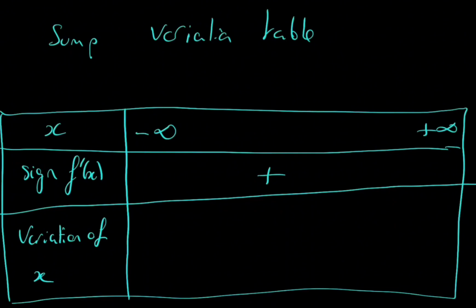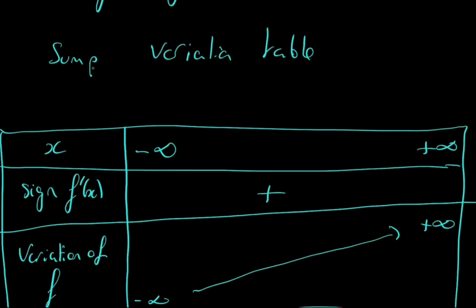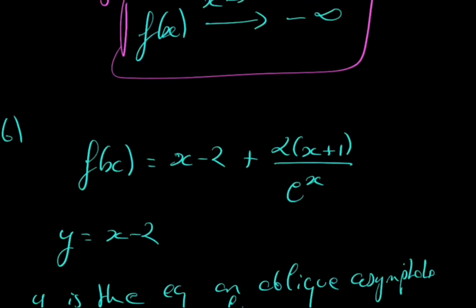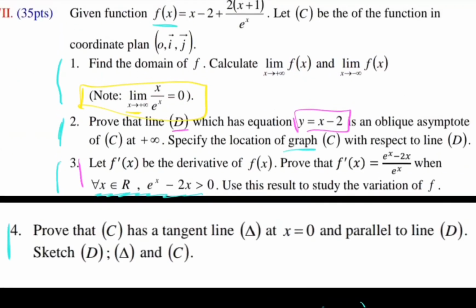We also know that the function, so variation of f, sorry, goes from minus infinity to plus infinity, and it's just going up. So we've got something like that, and this sums up all we said. Okay, so done for this question.